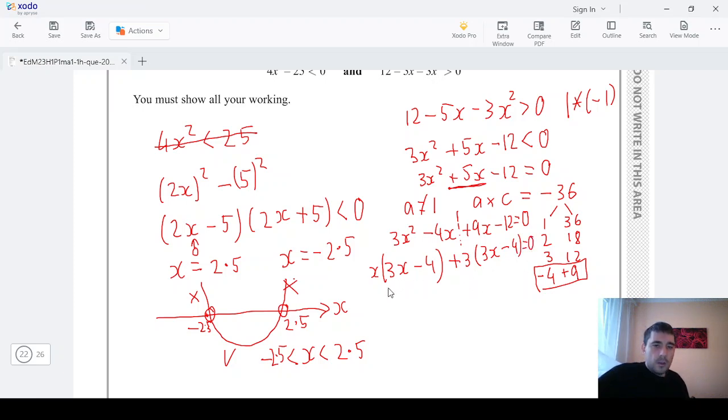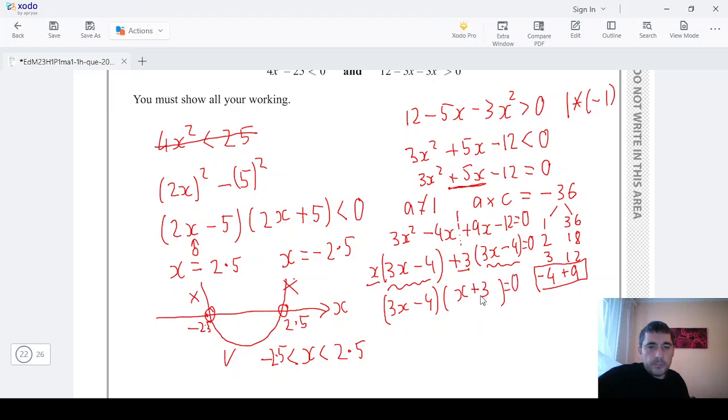So now we've got a common bracket, the same term in both blocks. So I can move that in front of the bracket: 3x minus 4, and open up the other one, which keeps the rest of the values, x and +3. So the other bracket will be x plus 3.